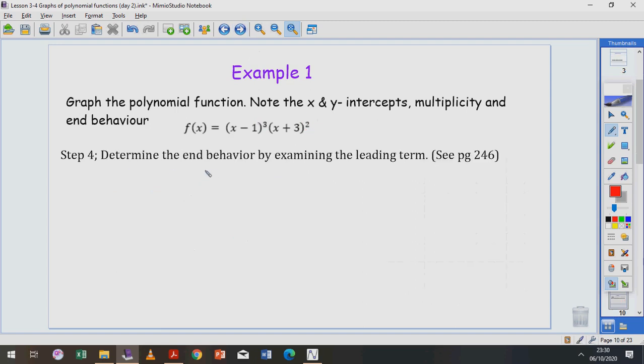Alright, so step 4, determine the end behavior by examining the leading term. I think we've already seen that the leading term is x to the power of 5, and a little hint about end behavior.